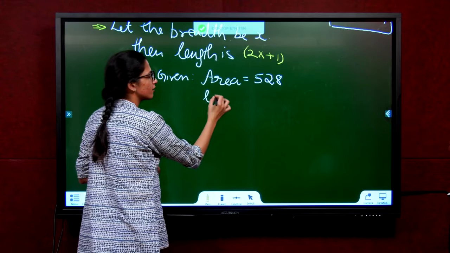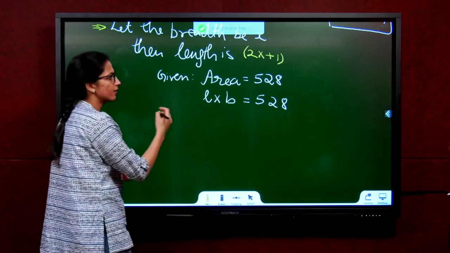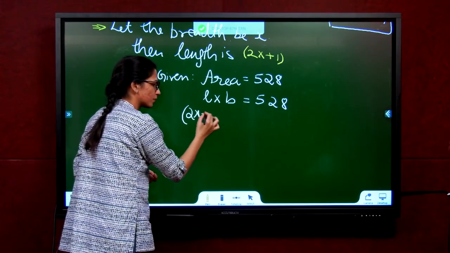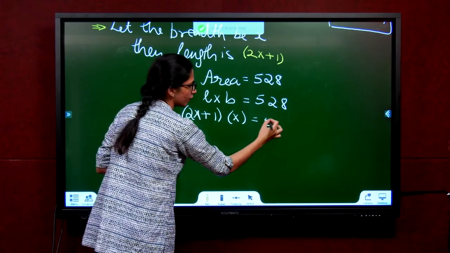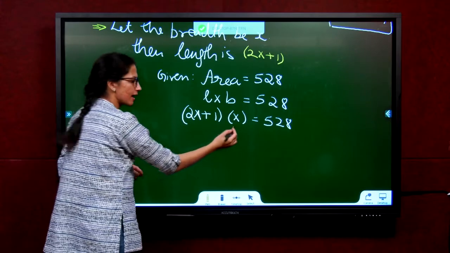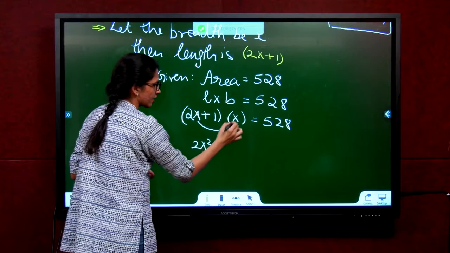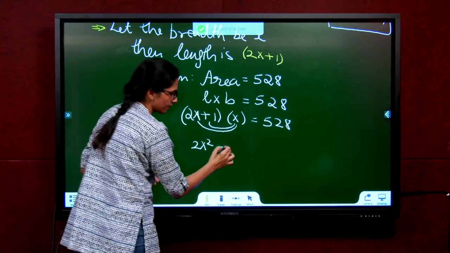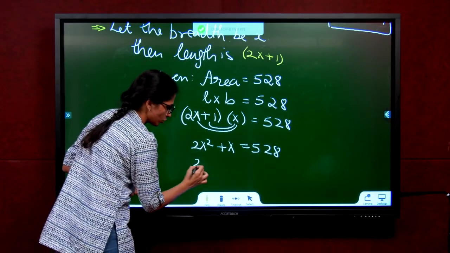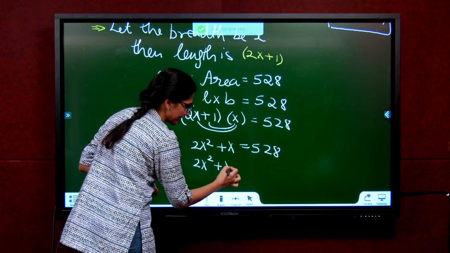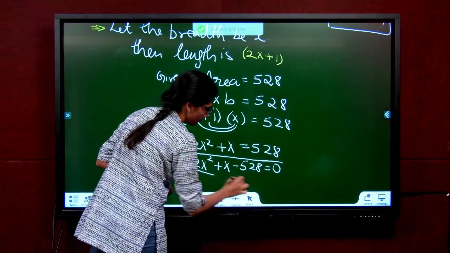What is area of a rectangle? We all know area of rectangle is length into breadth. What is the length over here? 2x plus 1. What is the breadth? x, is equal to 528. x into 2x, 2x square. x into 1, plus x, is equal to 528, or 2x square plus x minus 528 is equal to 0.